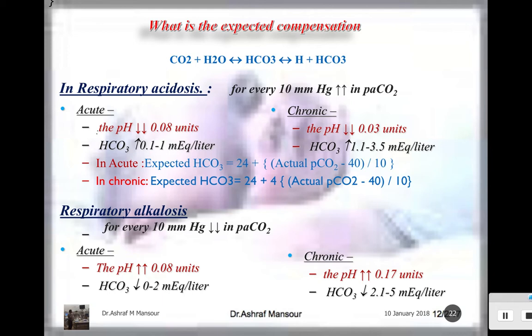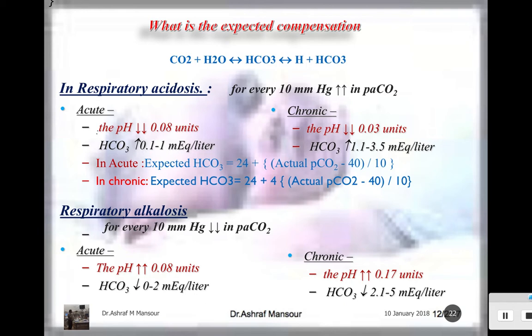In the acute cases, the decrease in the pH will be by 0.08 unit, while in the chronic it will be less, by 0.03 unit. And at the same time, the compensation by increasing the bicarb will increase up to 1 milliequivalent per liter, while in the chronic there is enough time to increase up to 3.5.